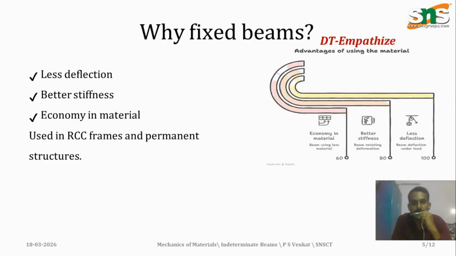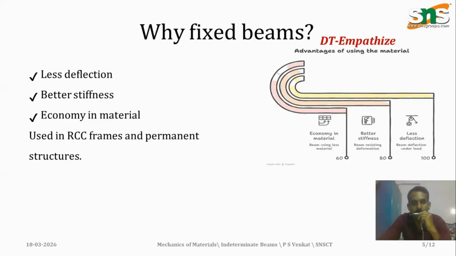So now let's understand why fixed beams are preferred. The advantages of fixed beams are less deflection, because both ends of the supports are restrained against translation as well as rotation. It provides better stiffness and more resistance to bending. It also provides economical design. Reduced bending leads to smaller sections.